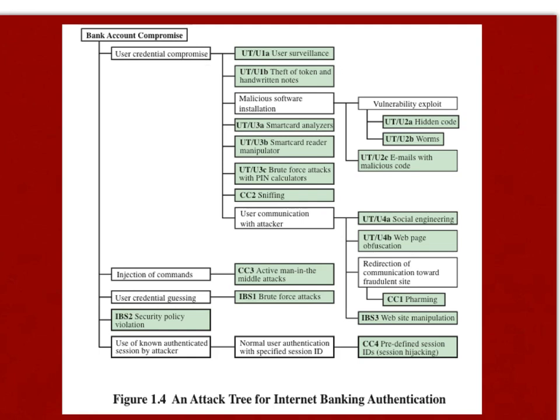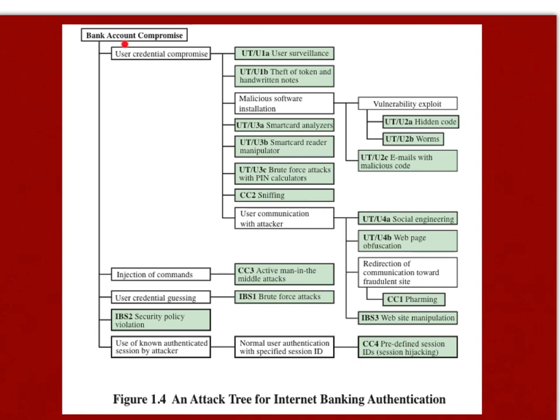Or I can do that using some injection commands. I can inject something to the system. Or I can do some user credential guessing. So here we usually refer to, for example, I can use guessing by trial and error, or I can use some traffic analysis.